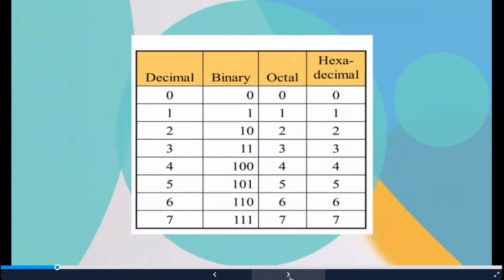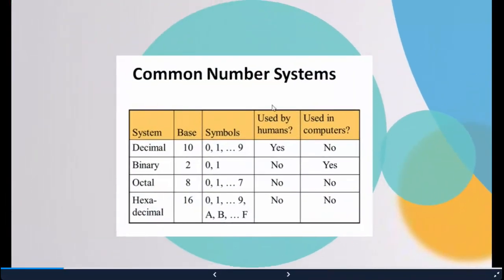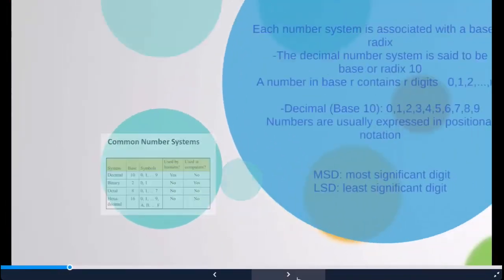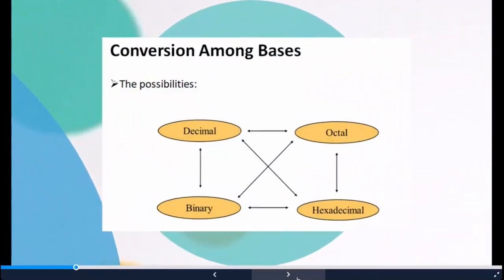So there, common number systems. Sorry, we went back. So this is now like a diagram of if you want to convert decimal to octal, decimal to hexadecimal, and so on and so forth. The possibilities. But there's an easy way of doing this.